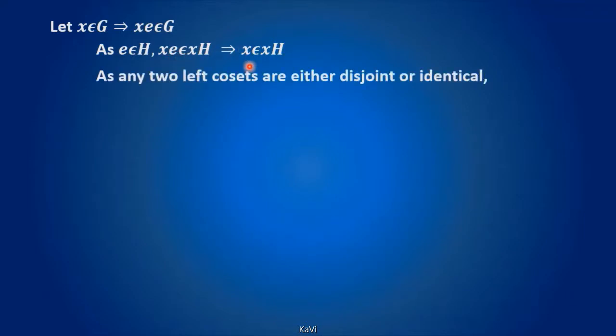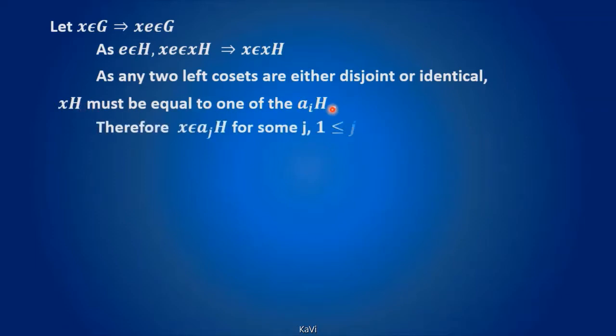Since any two left cosets are either disjoint or identical, this XH must be equal to one of those collected AIH. AIH are all left cosets of H. So XH must be equal to one of those AIH. So X belongs to some AJH for some particular J. But X belongs to only one of the left cosets AIH.